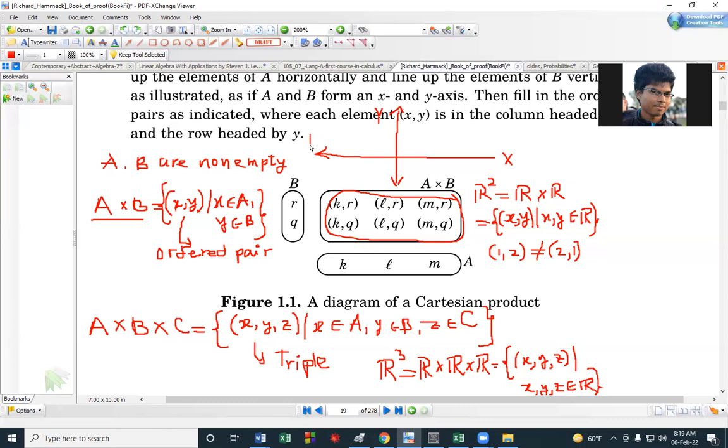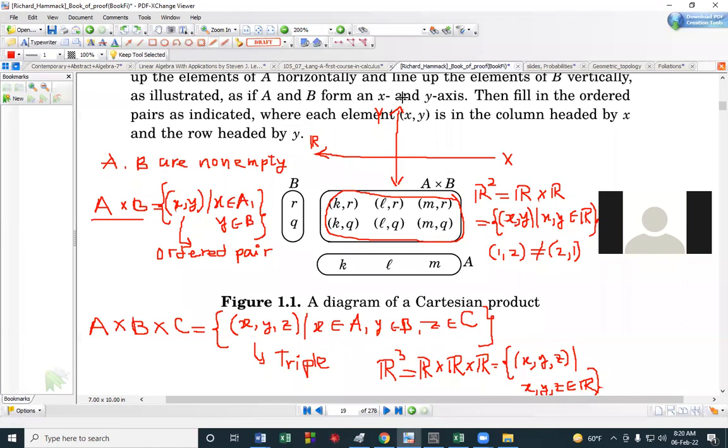So this is one copy of the real line, the horizontal one. And I think you all are familiar with representing numbers on a line. So I'm saying the horizontal line is one real line, and the vertical one is another real line.